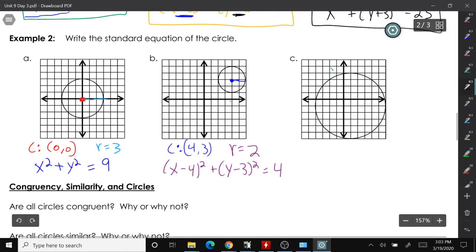And then the last one, our center is right there. So your center is 1 comma negative 1, and then your radius 1, 2, 3, 4, 5.